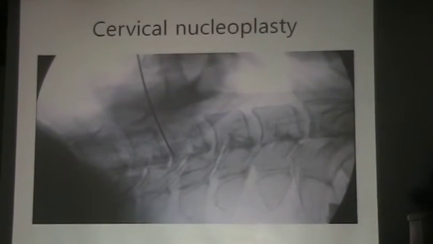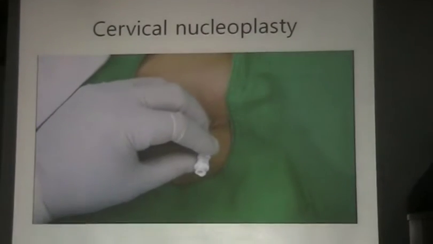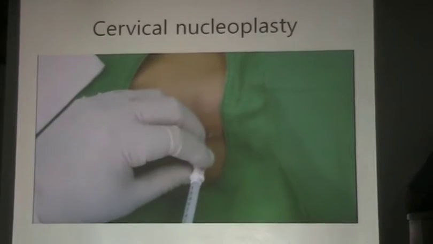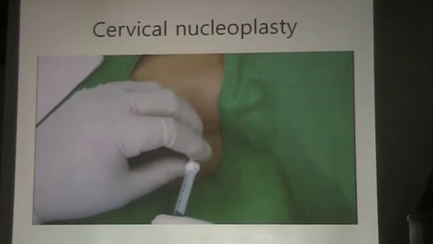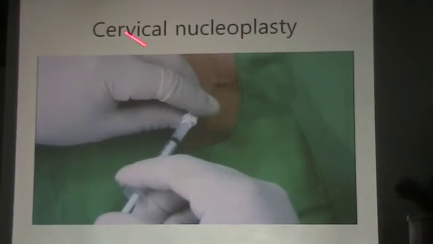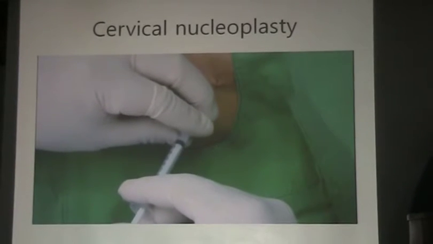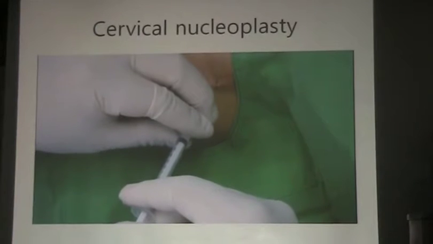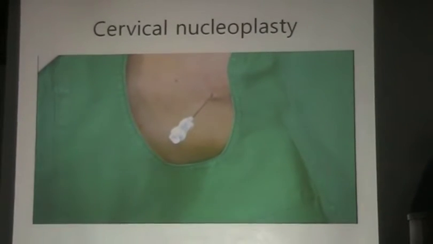Our target is located in the posterior vertebral line, and inject a small contrast into the foramen. You can see the free movement of the syringe. There is no pressure. It means the tip of the needle in the foramen is very important.